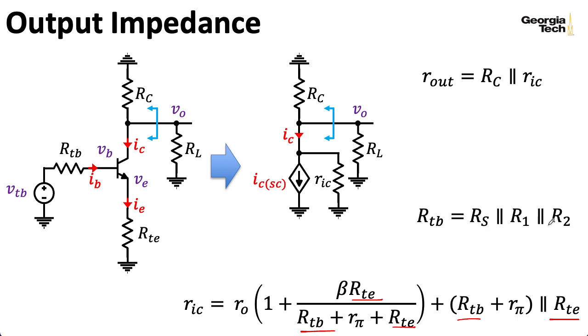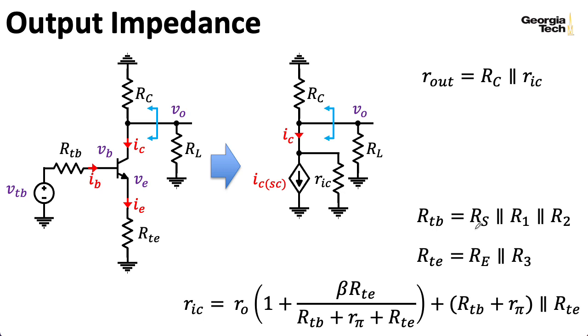RTB was this parallel combination of the resistors at the input, and RTE was that parallel combination of resistors at the emitter. Remember this RS, though, that was considered to be the output impedance of whatever source is driving the amplifier. That wasn't really considered to be part of the amplifier itself. So this is a point that I don't think is widely appreciated.